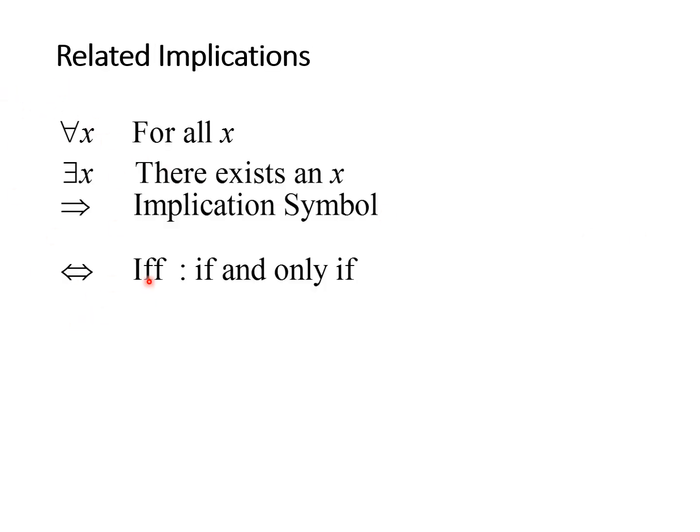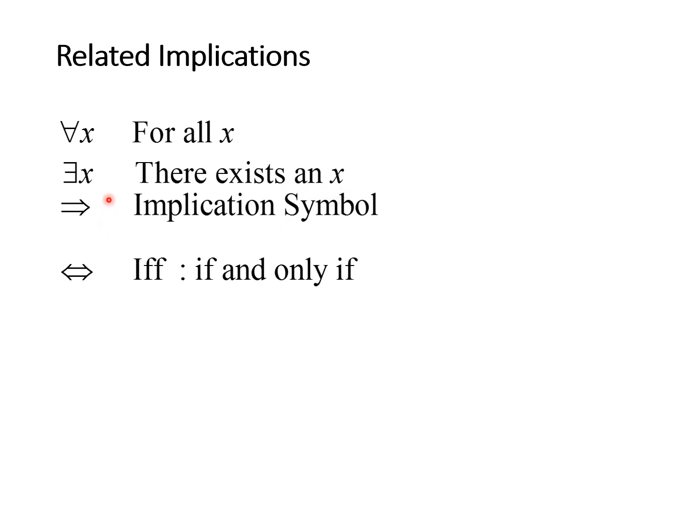These are some of the related implication symbols which we will use throughout the proofs chapter. This symbol simply means for all values of x. And this upside down E means that there exists an x.